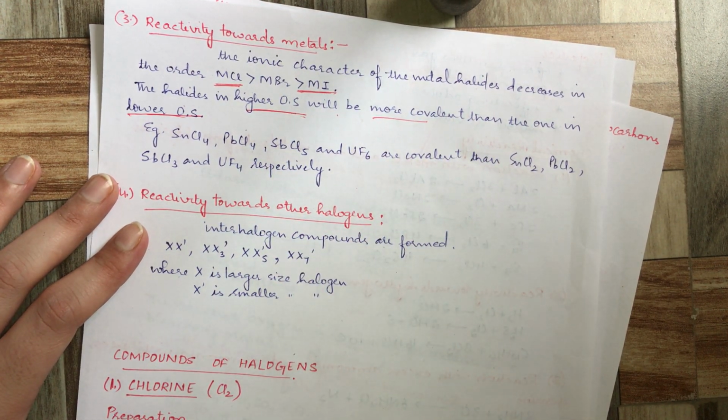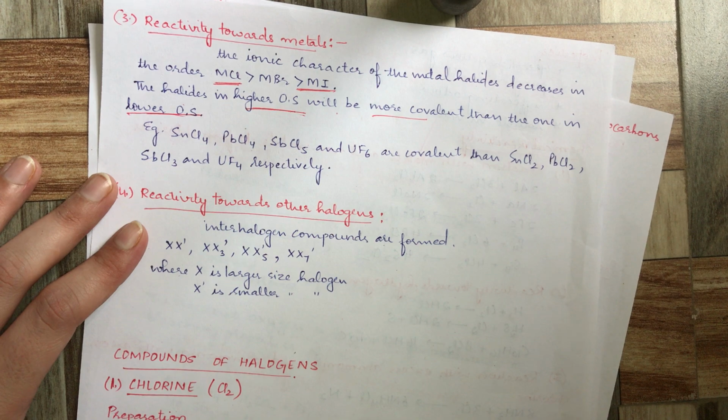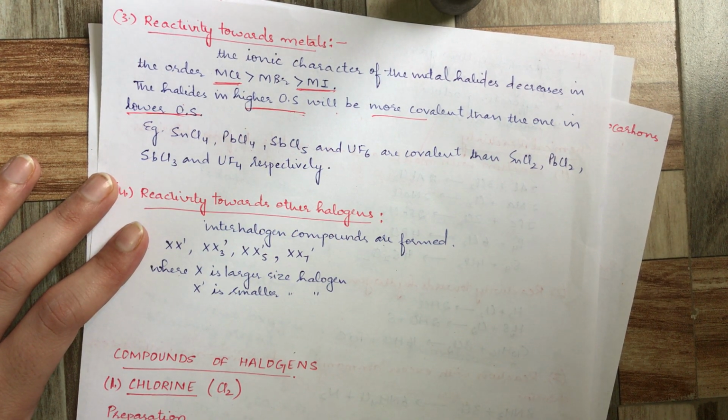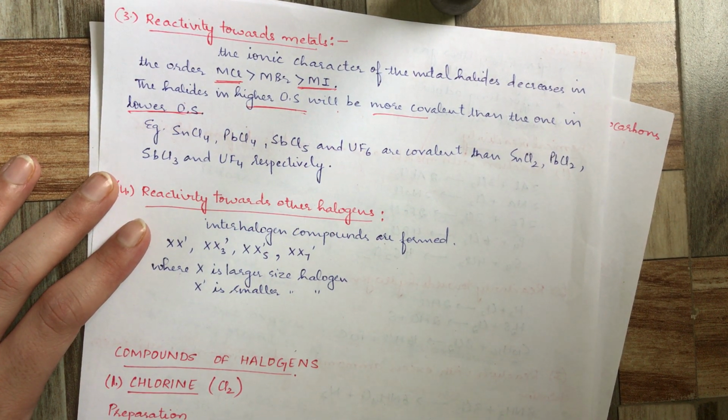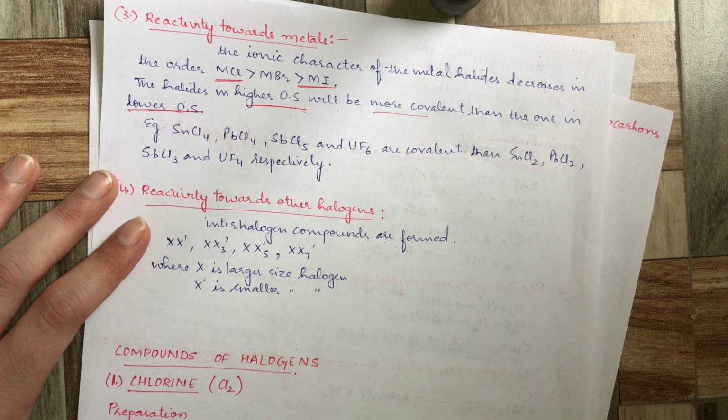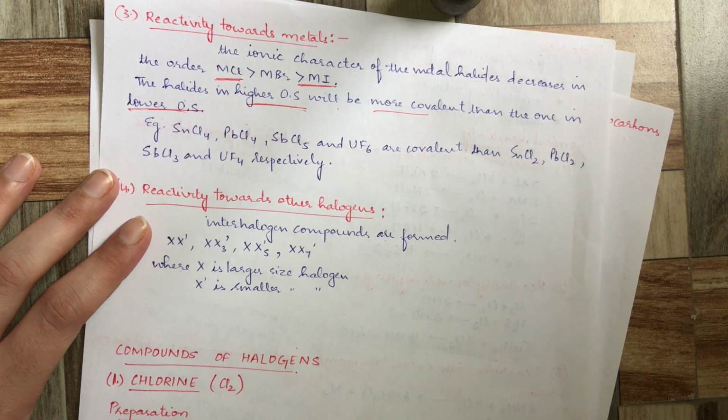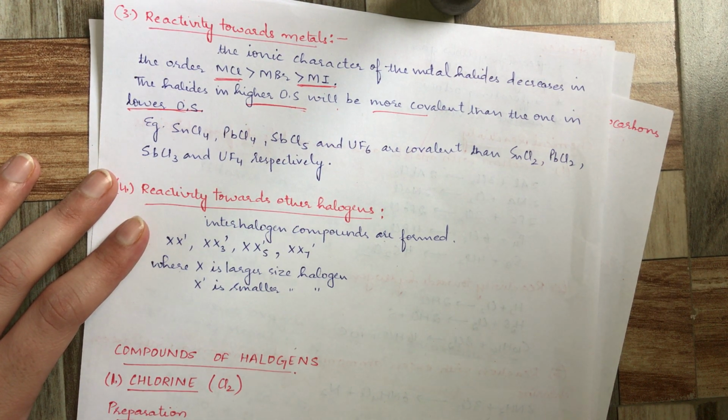Higher oxidation state, they will have the affinity, the higher they will be able to polarize the anion. Fajan's rule is valid here. If you want to understand Fajan's rule, I will discuss that in another segment.